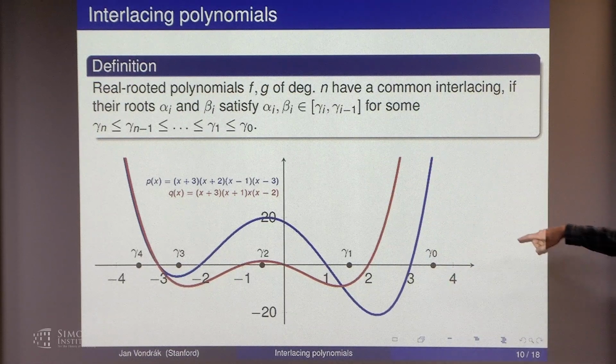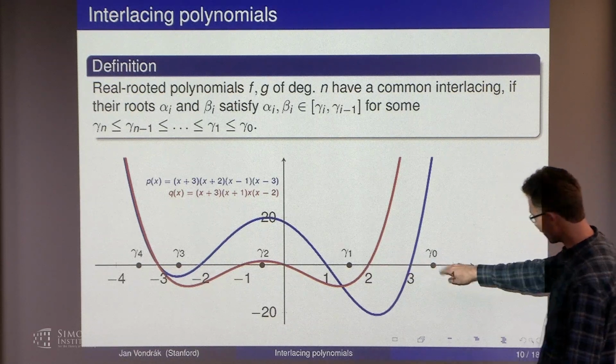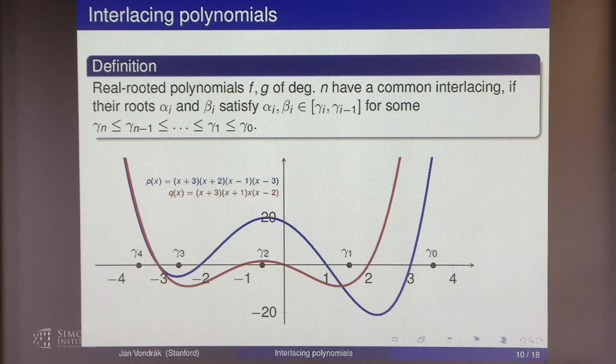So when you look at the picture, between every pair of consecutive black points, you see a red root and a blue root. Somehow the two polynomials are oscillating up and down in a consistent manner, you could say. That's what we call having a common interlacing.